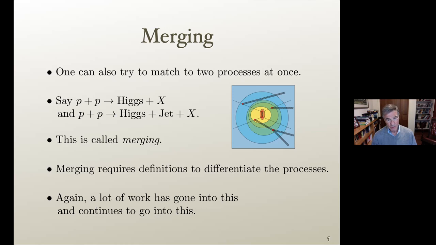So proton-proton goes to Higgs plus anything, or proton-proton goes to Higgs plus 1 jet plus anything. That's called merging. And merging evidently requires definitions to differentiate those 2 processes, so there's some ambiguity that you just have to settle. Again, there's a lot of work that's gone into this, and work continues in that area.